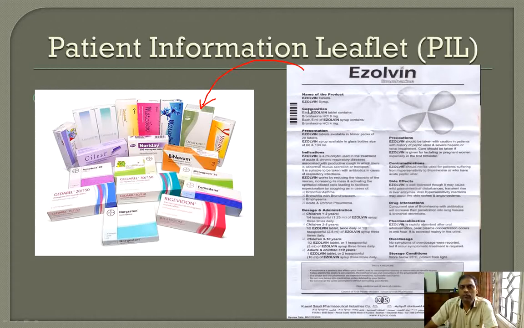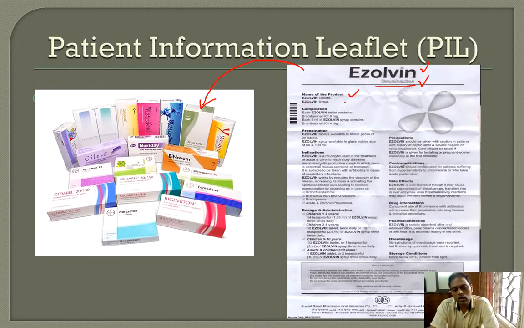For example, Isolvin is the brand name of the medicine. The name of the compound is actually bromhexin. See, they have written brand name, then the name of the ingredient. So here they have given the name of the product. Here it says Isolvin tablet and Isolvin syrup.